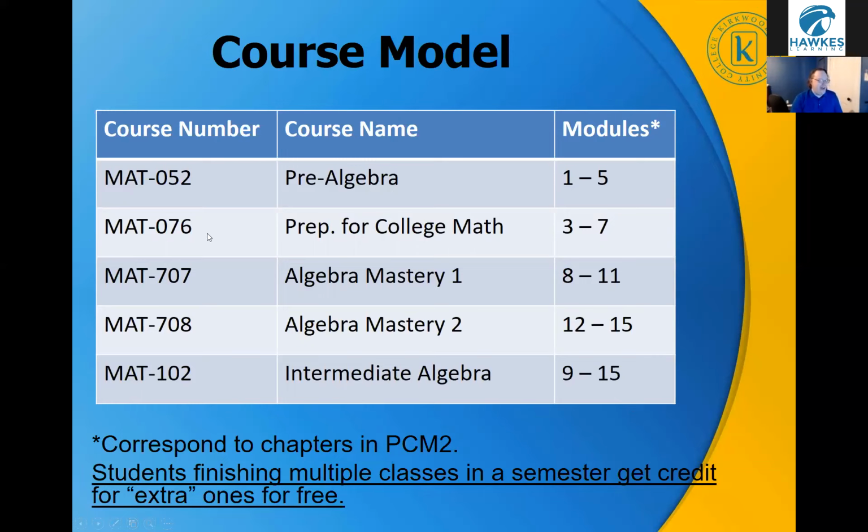Preparation for College Math, students who start at this level start in module 3, which is fractions, and it goes through linear equations. And then they can continue on to Algebra Mastery 1 and 2, which together correspond to more or less the curriculum of intermediate algebra.